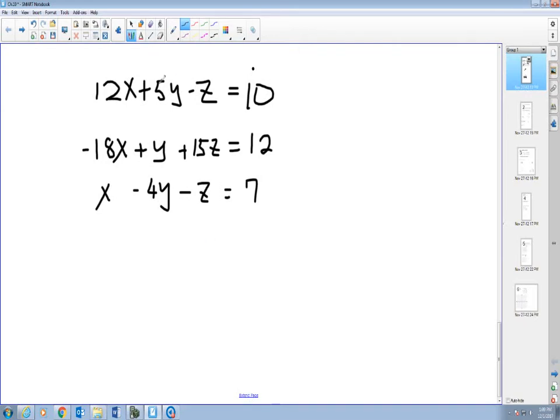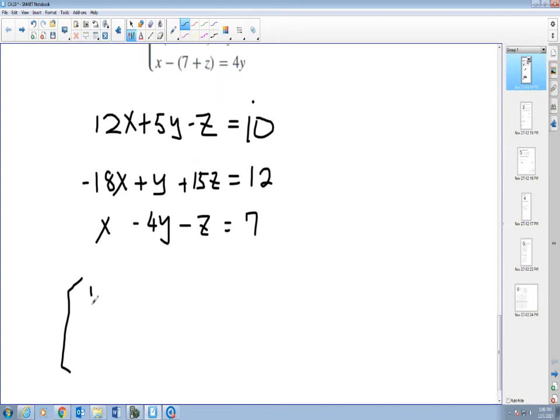So my augmented matrix, my first row, or my first equation, will be 12, 5, -1, and 10. My second row, -18, positive 1, 15, and 12.